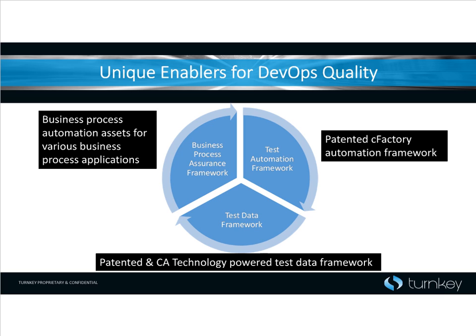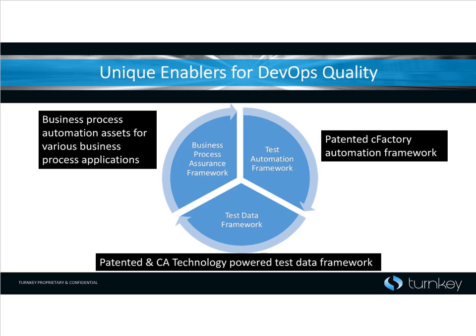So, some of the unique enablers for DevOps quality that Turnkey brings to the table. If you look at our business process assurance framework, there are assets that support a wide variety of business process applications and technology types, and it's the concept of an end-to-end business process that has to be assured, consisting of any number, really an unlimited number, of applications, application types, and different technologies, all running cross-platform to give an end-to-end business process to a user constituency.